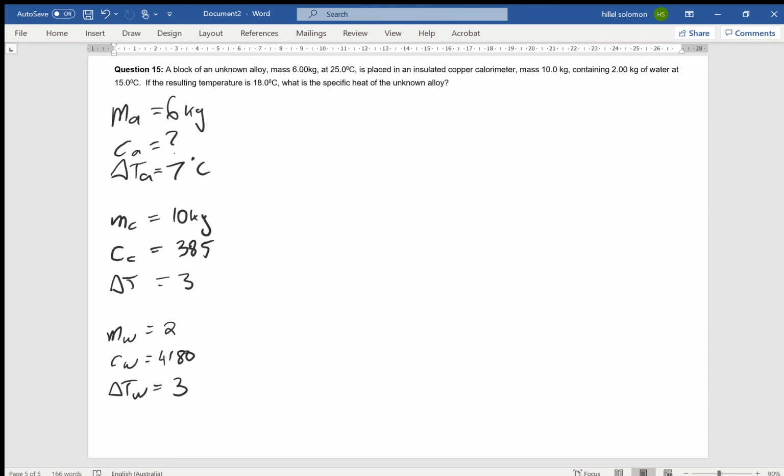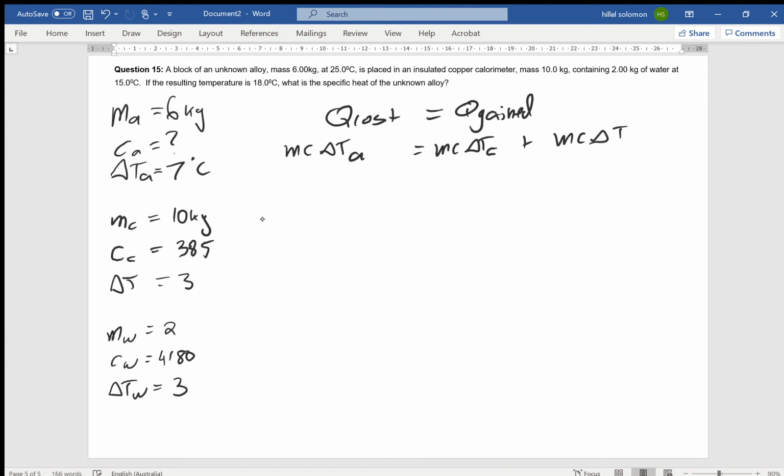Okay, now we have our big principle of Q lost. The heat lost by the alloy is equal to the heat gained. In this case, it's the heat gained by both the water and the calorimeter. So the heat lost by the metal is equal to mc delta T for the alloy, is equal to mc delta T for the calorimeter plus mc delta T for the water.